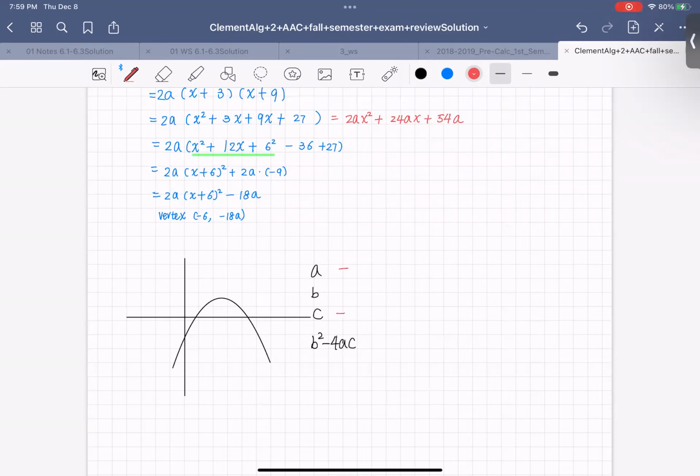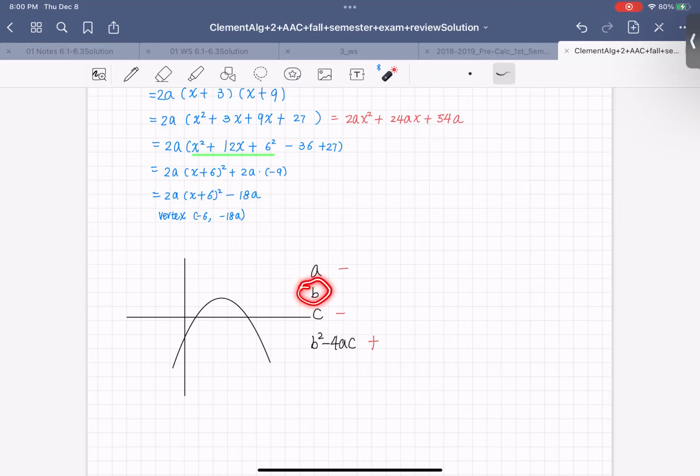For this, B squared minus 4AC is positive, because it crosses with two distinct roots, so it's positive. For the B, positive. Why?